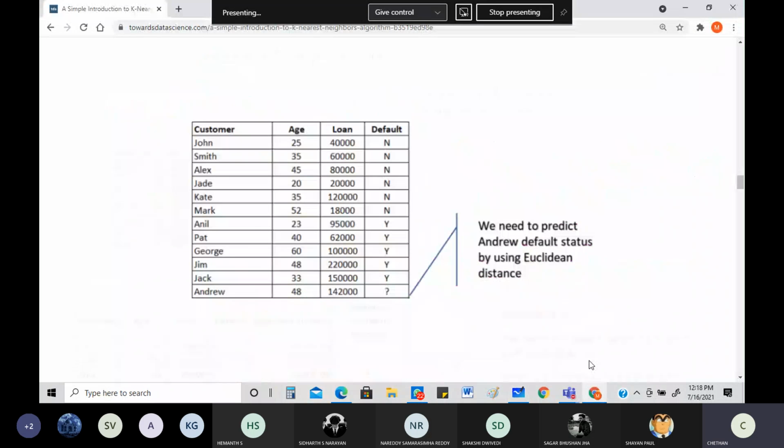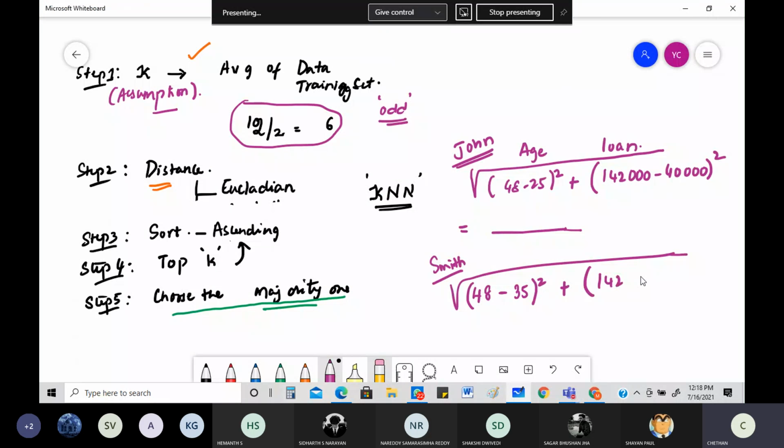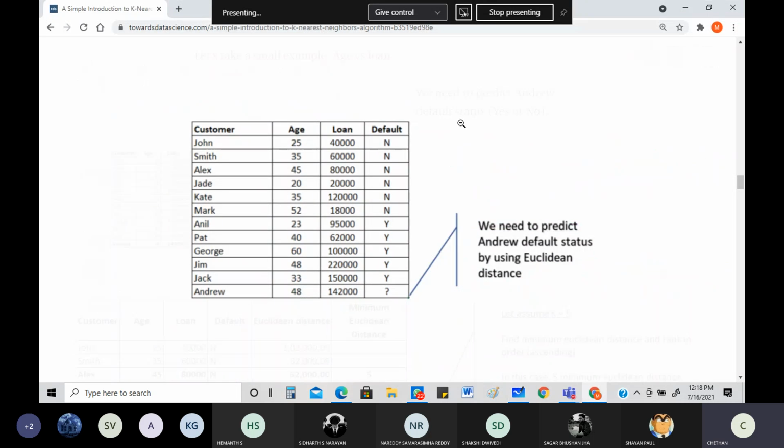The next person is 142 and 60 with regard to loan amount. So 142 will remain constant, minus 60,000, the whole square. This is with regard to Smith. So what you are going to write towards Smith is the distance you got. That is what we do.